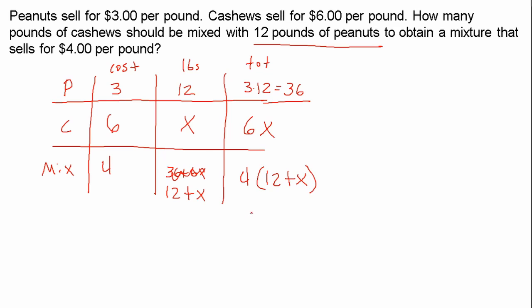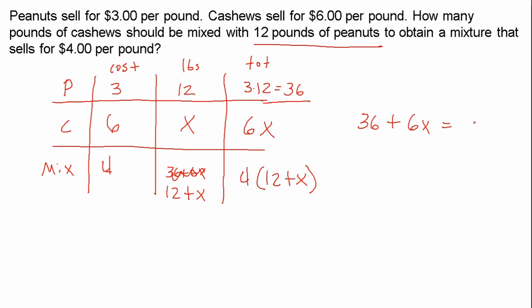Okay? Again, we're trying to solve for this mix, so this is how we're going to do it. We're going to set it up like this. The total amount of peanuts is going to be 36 plus the unknown amount of cashews, which is going to be 6x.